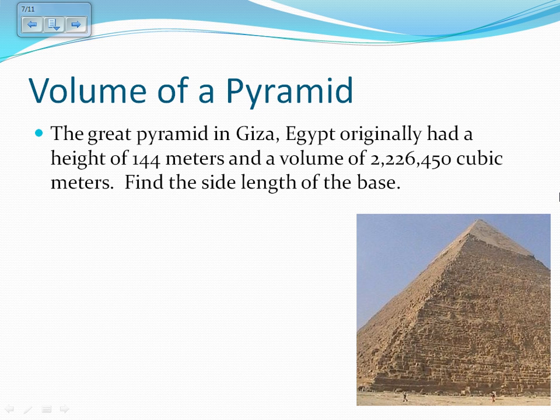We can solve this two different ways. Can't you do 1/3 of 144 and then divide by the number, and that's what the base is? Yep, absolutely. So what is 1/3 of 144?